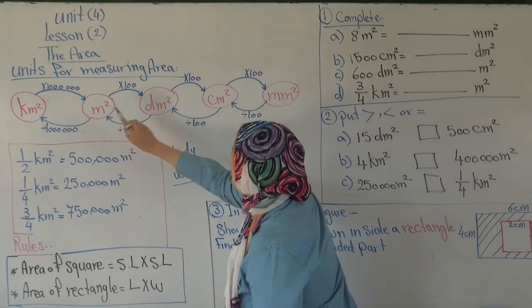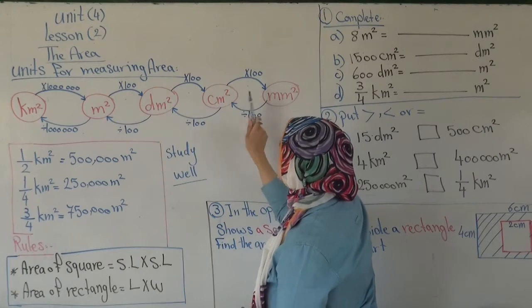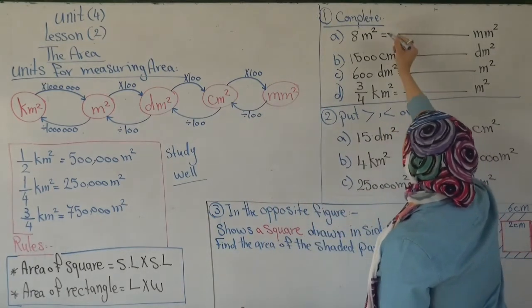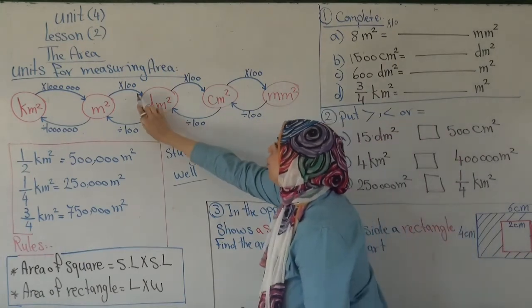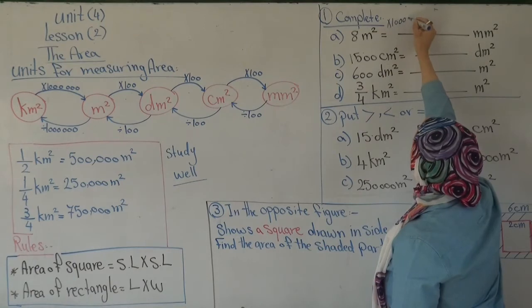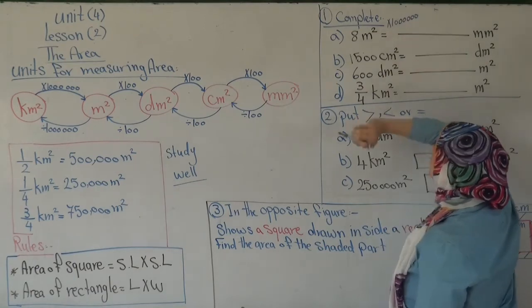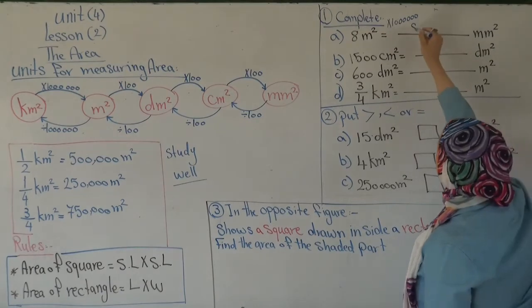From meter square to millimeter square, we jump 3 places. It means times 1 million. How many zeros? Here 2, 2, 2, so 6 zeros. 1 million. 8 times 1 million equals 8 million.